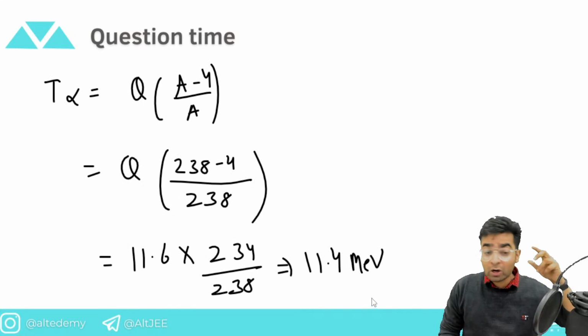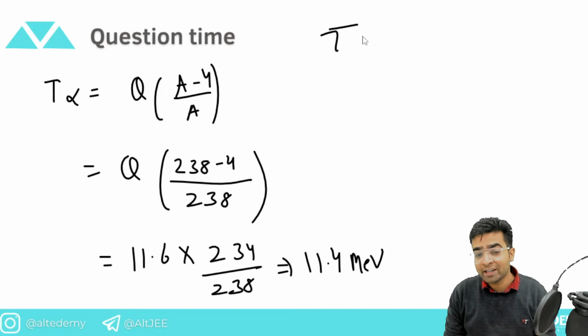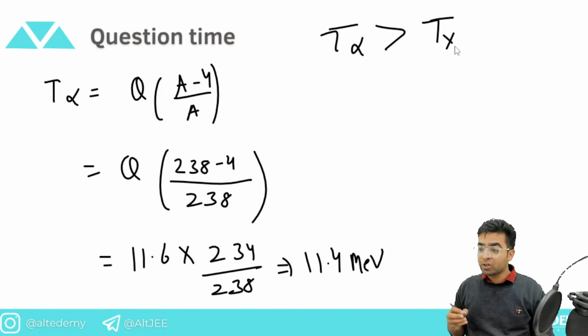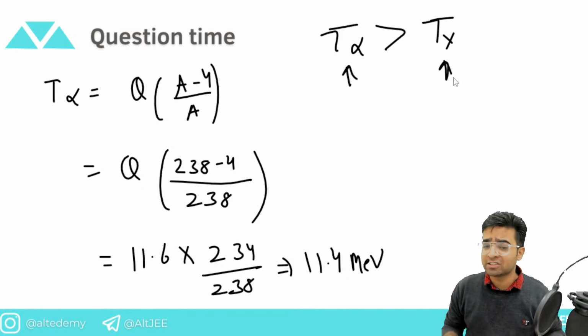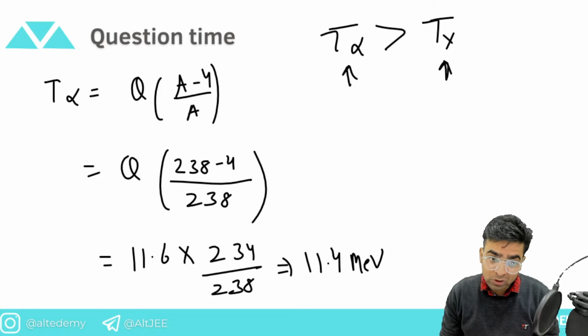You can see how much greater the kinetic energy of the alpha particle is than that of the daughter atom.